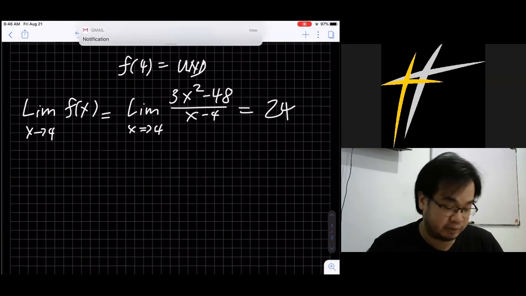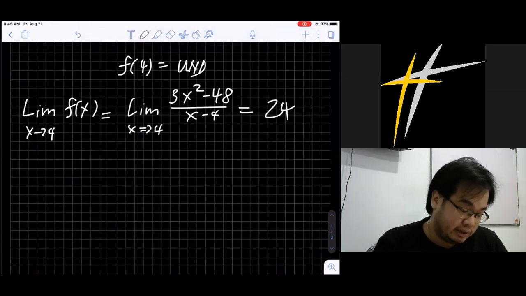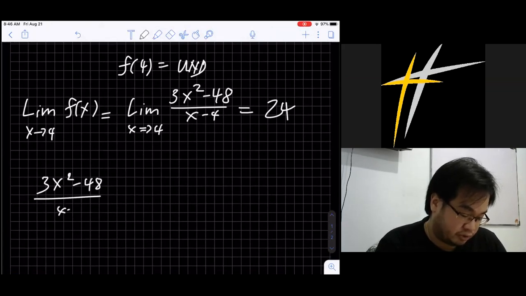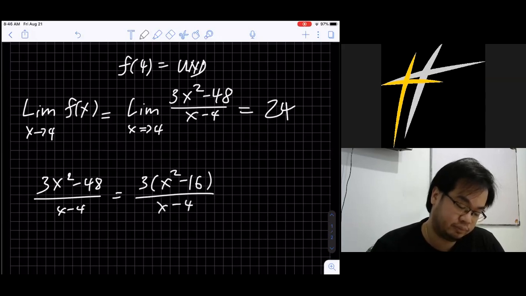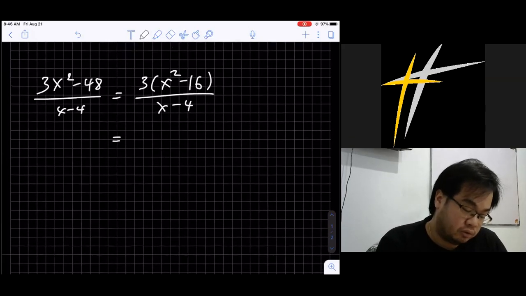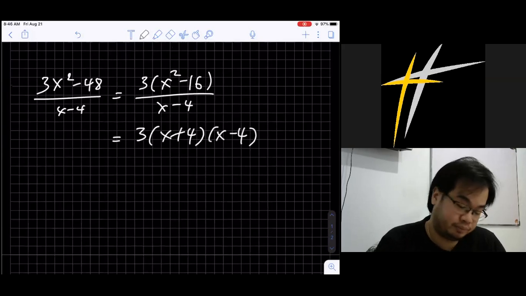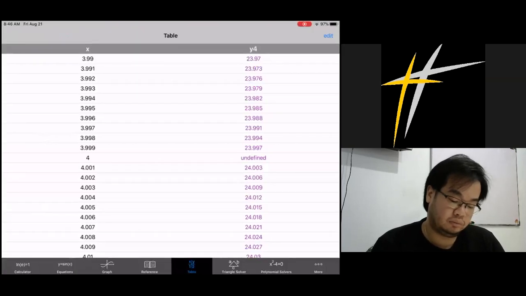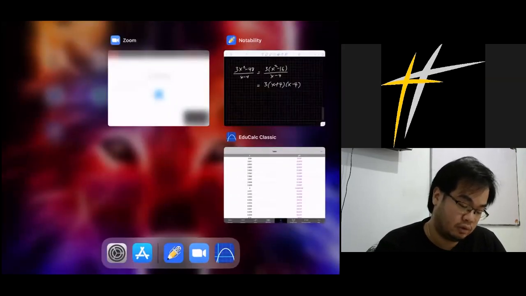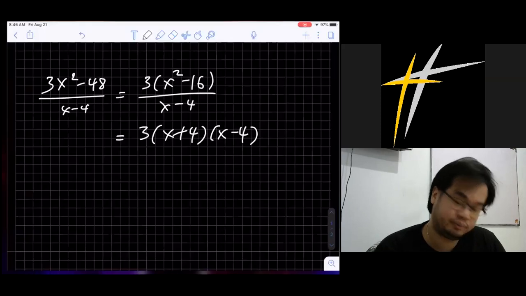Now there is a way to find the value of the limit without using the graph or the table. We have (3x squared minus 48) over (x minus 4). This can be simplified into 3 times (x squared minus 16) over (x minus 4), which is equal to 3(x plus 4)(x minus 4) over (x minus 4).